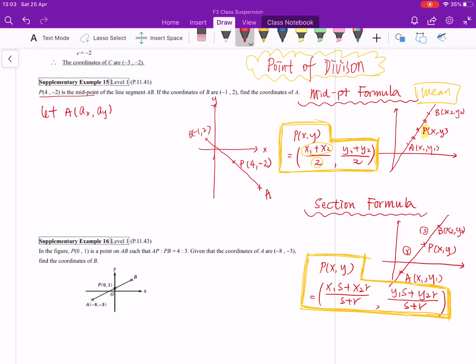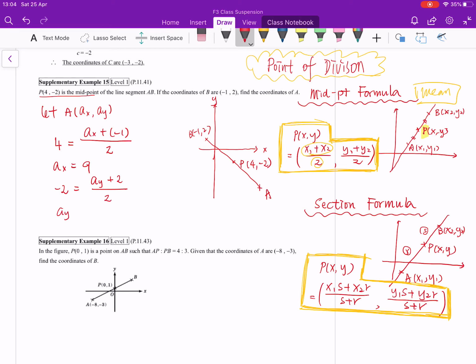Okay, so consider the x coordinate and y coordinate separately always. The x coordinate of the point of division equals the mean of the x coordinates of the two endpoints. By using this formula, you can see that AX equals 9. Similarly, the y coordinate of the midpoint equals the mean of the y coordinates of the two endpoints.